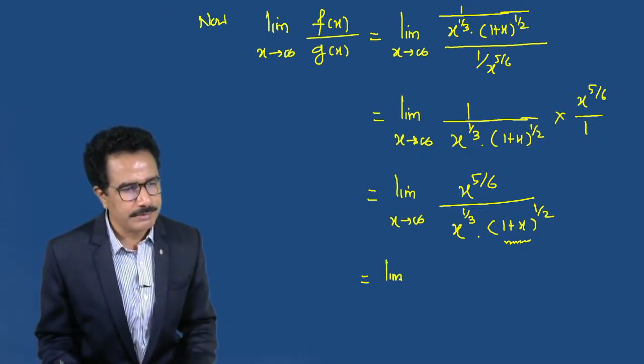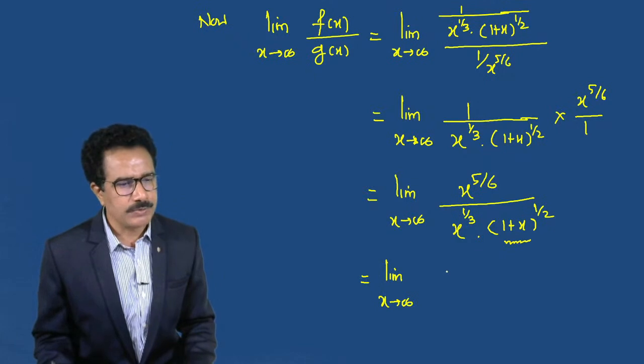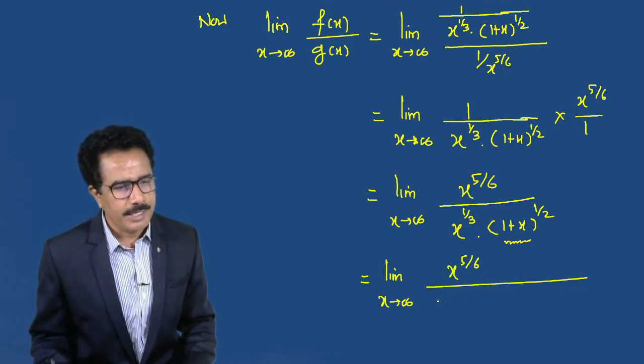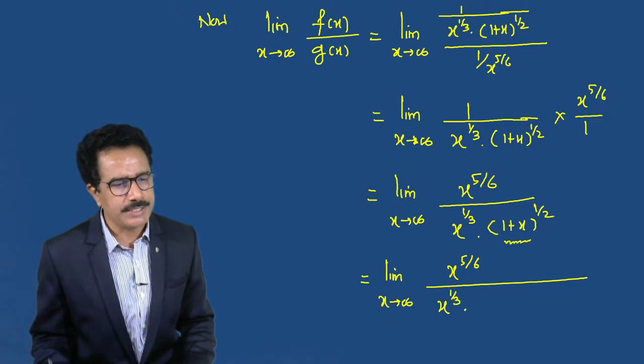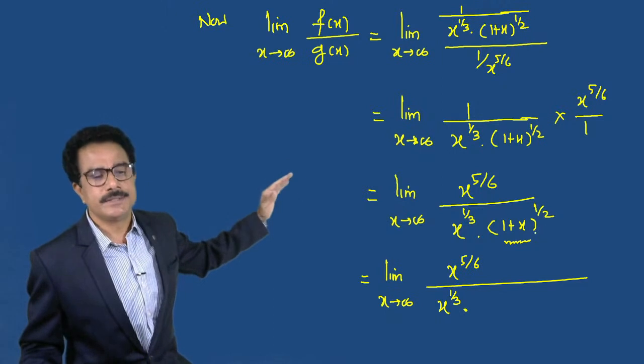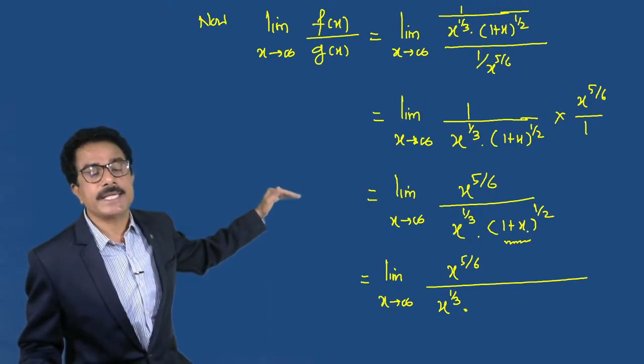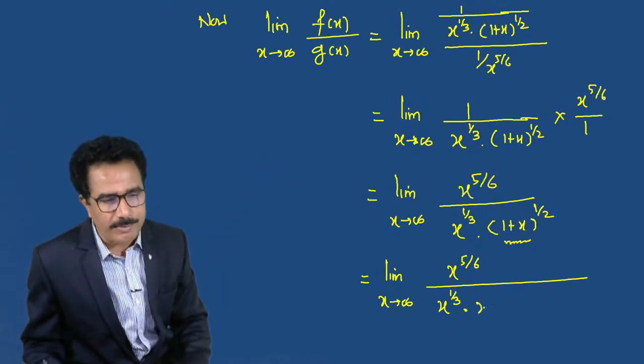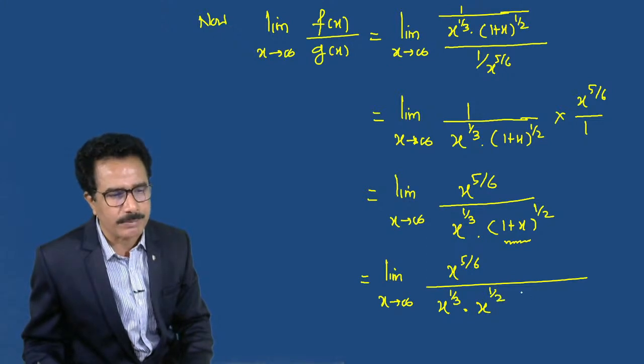So, limit x tends to infinity, numerator as it is, x raised to 1 by 3 as it is. If we take a common x from the bracket, but there is a bracket raised to 1 by 2, so the common term will be x raised to 1 by 2.